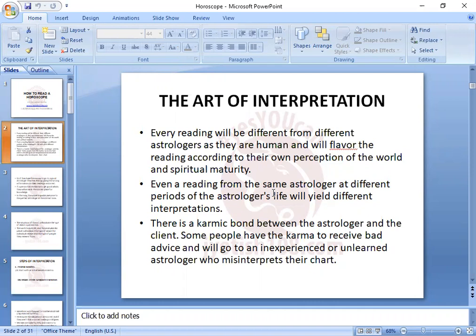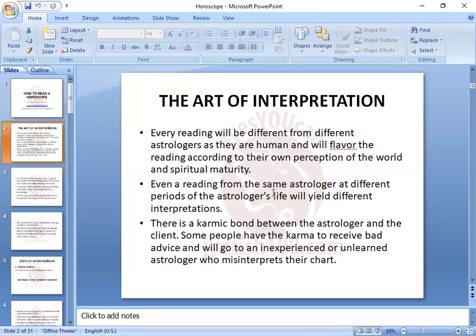spiritual maturity. Okay, so there will be some astrologers who would be just starting the journey of Vedic astrology, and then there will be some who have given almost 20 to 30 years of their life in this field. So the maturity levels of each astrologer would be different, and here there should be no ambiguity regarding the fact that spiritual maturity is not denoted by seniority.